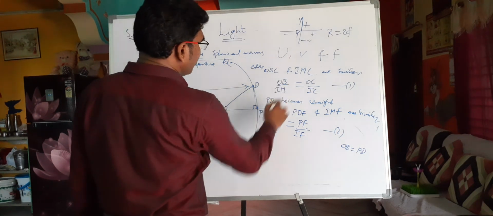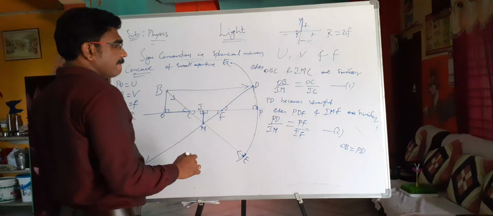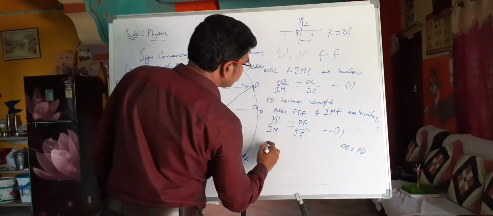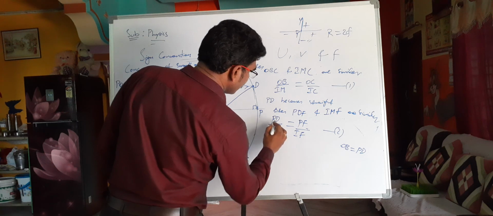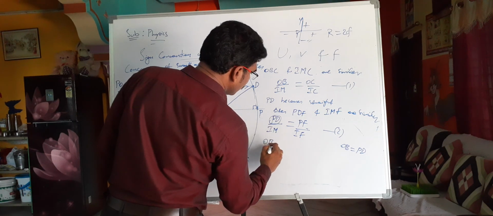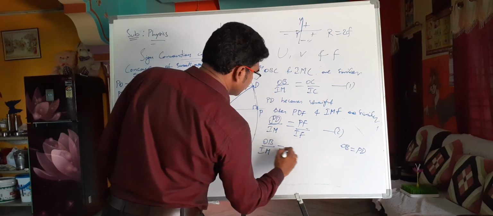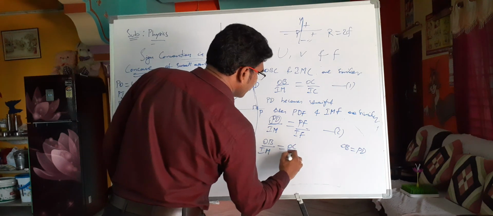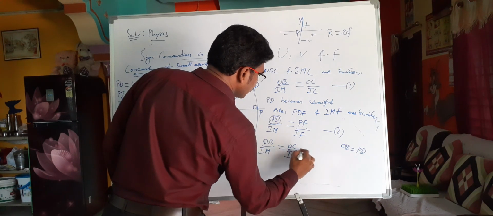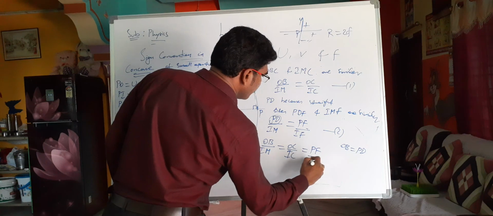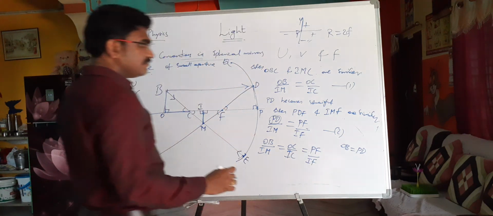In the place of OB, I can write PD. So OB by IM is equal to OC by IC is equal to PF by IF. Very simple.